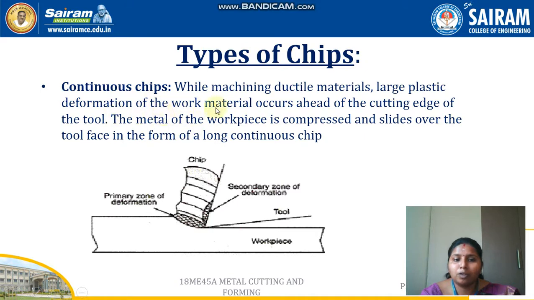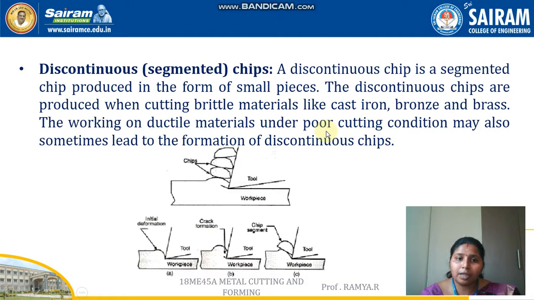The deformation of the work material occurs ahead of the cutting edge of the tool. The metal of the workpiece is compressed and slides over the tool face in the form of a long continuous chip.